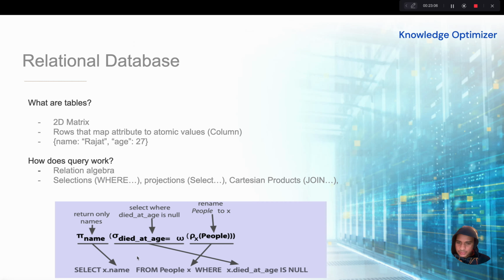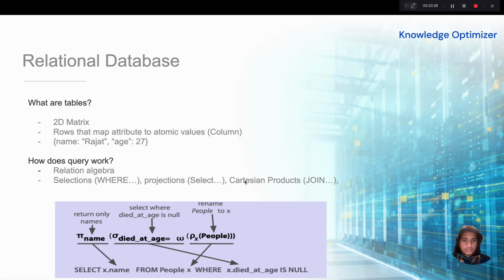So what we have to select is basically what condition, that comes under selection, where age is something. Then what is the projection, like what we are returning, is considered a part of the select statement.